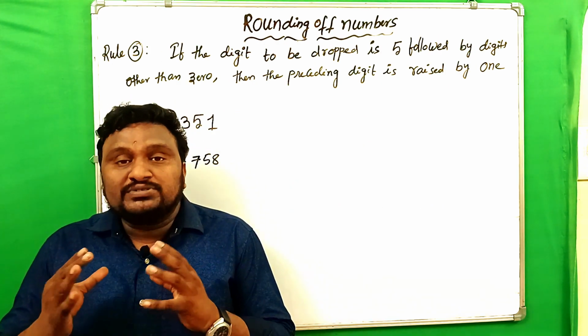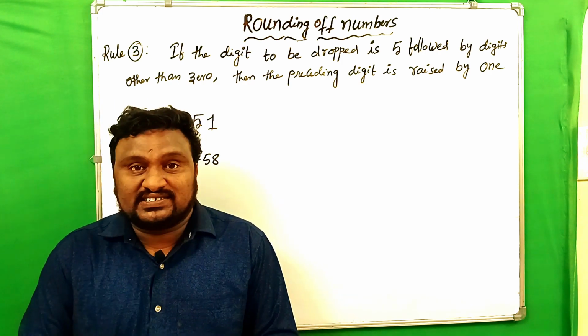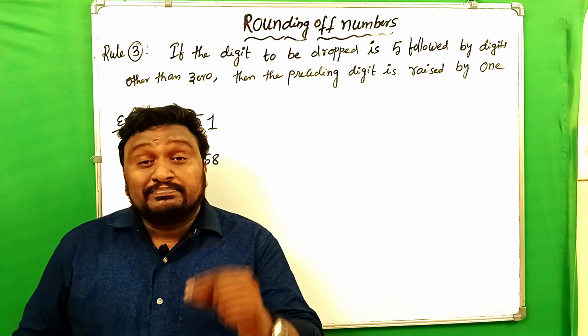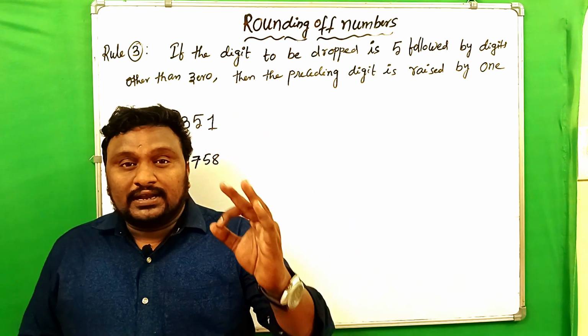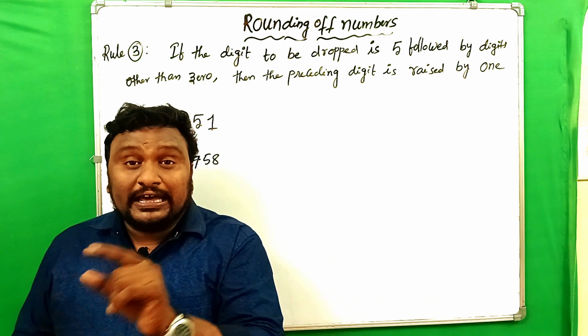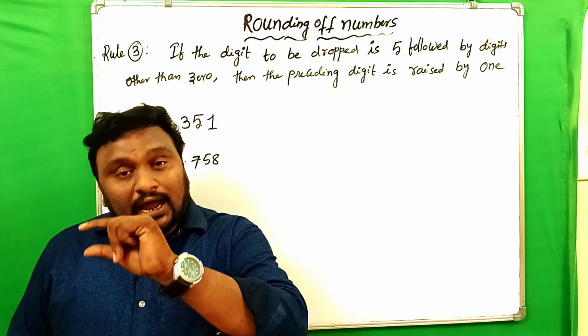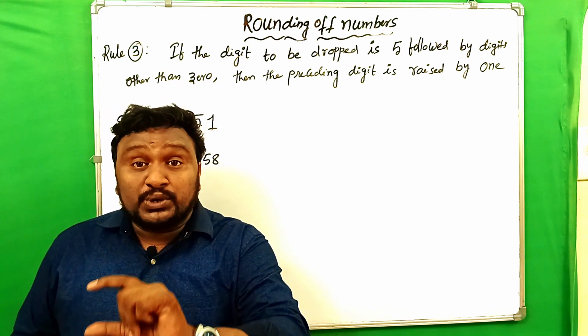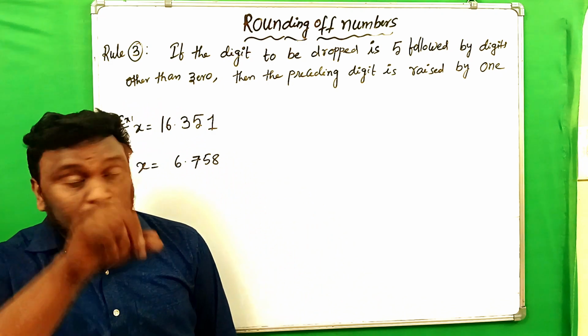If the digit to be dropped is 5 and it is followed by non-zero digits, then the preceding number is increased by 1. The number is going to be rounded off in that 5 is to be dropped, and if it is followed by non-zero digits, then the preceding number is increased by 1.